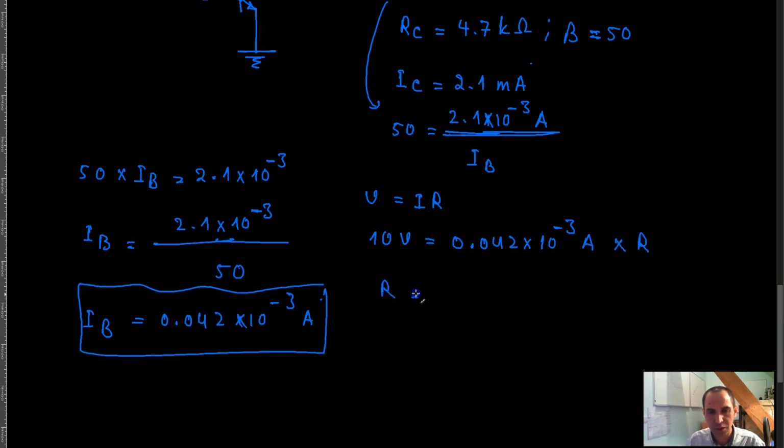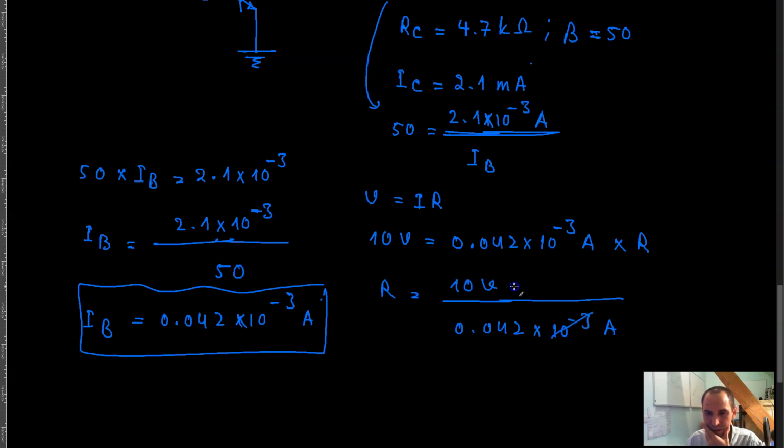So that means that R is going to be equal to 10 volts divided by 0.042 into 10 raised to the power negative 3 amps, and that is the same thing as essentially, this goes to the numerator. This becomes essentially 10 raised to the power 3.